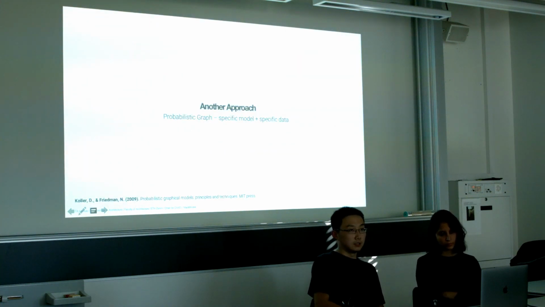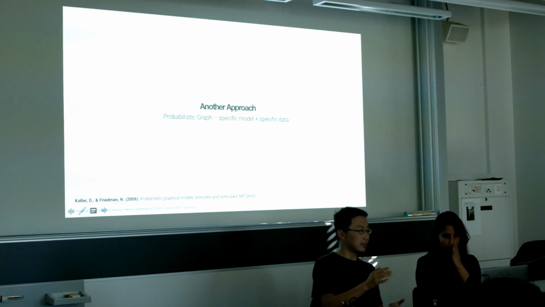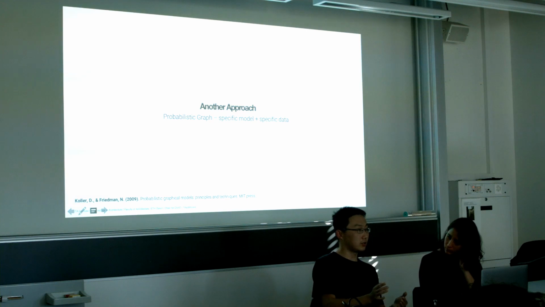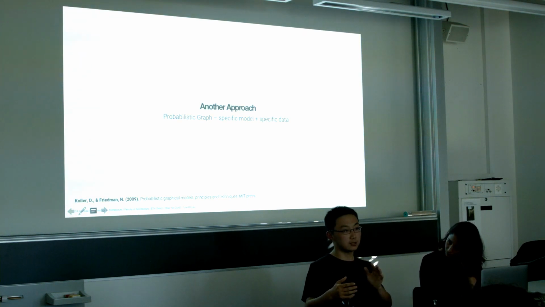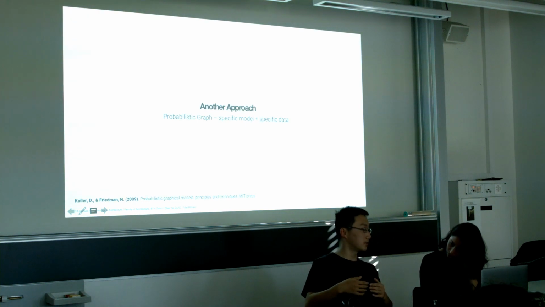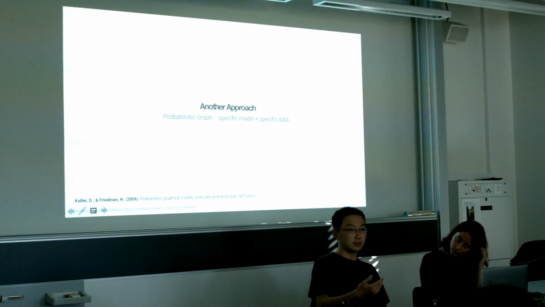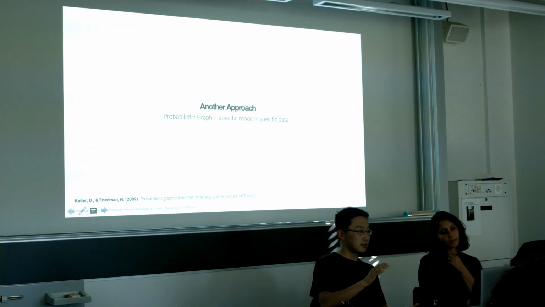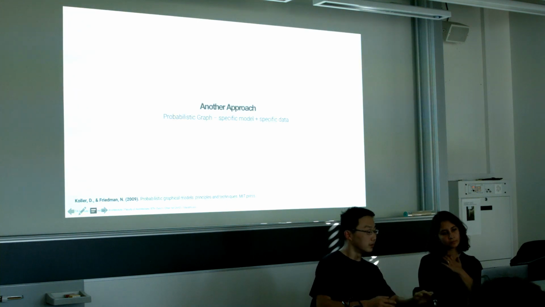And despite the two branches I've introduced, there are also other approaches that lie somewhere between these two. I made a clear distinction that the first branch is logic-based and the second branch is data-driven and probabilistic. Actually, there's a third method called the probabilistic graph that is both logic-based and data-driven.